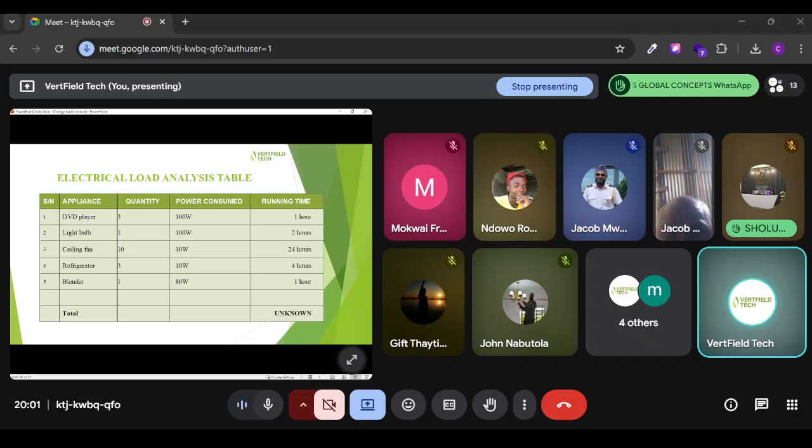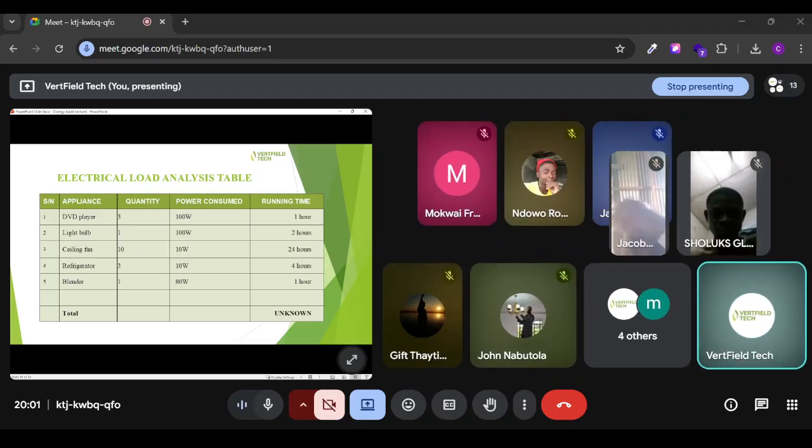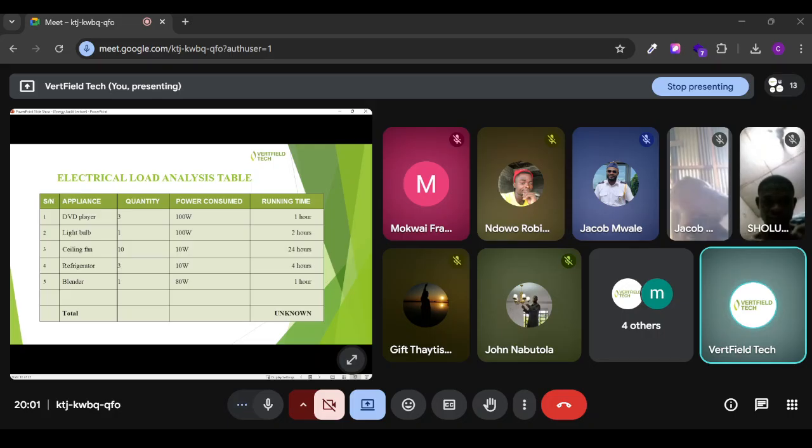On this table of load analysis, we have already stated all the parameters that are needed for the load analysis table design. So you can see the quantity of appliance, the power consumed by the appliance, and the running time of that appliance.